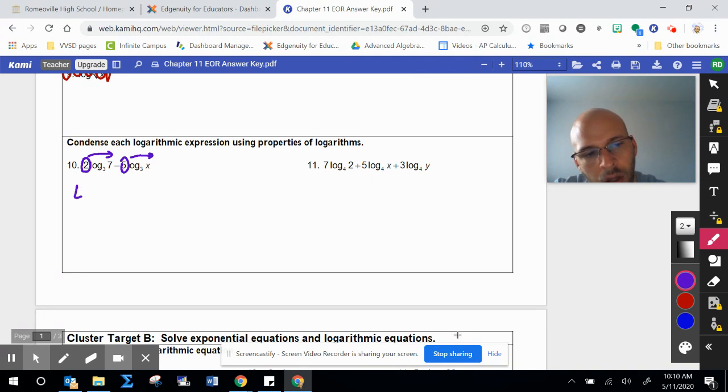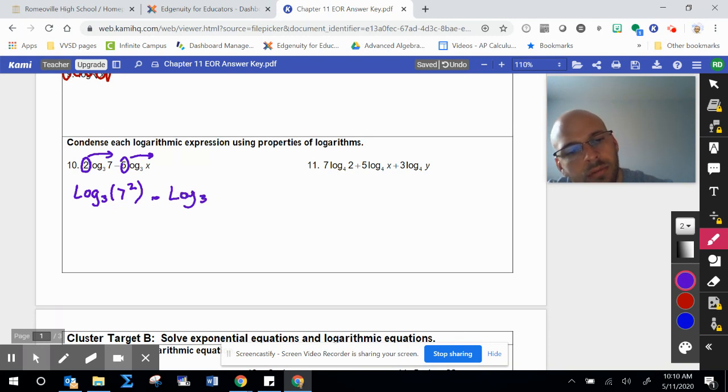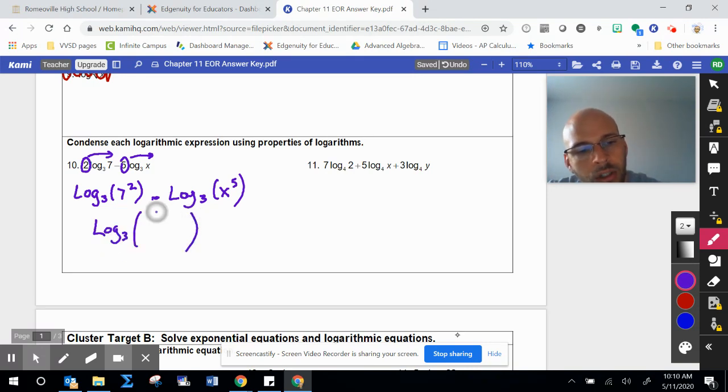So I'm going to have the log base 3 of 7 squared minus the log base 3 of x to the fifth. Now, when you have subtraction, that's going to be division. So I'm going to say log base 3 of what fraction? Well, 7 squared over x to the fifth.